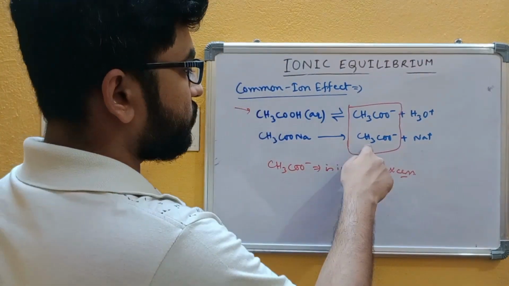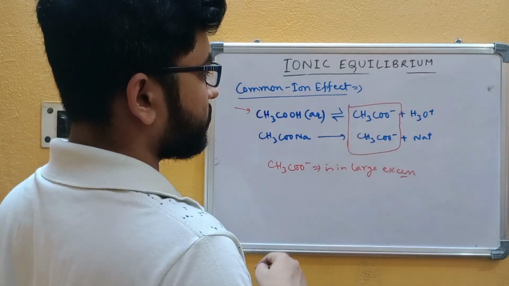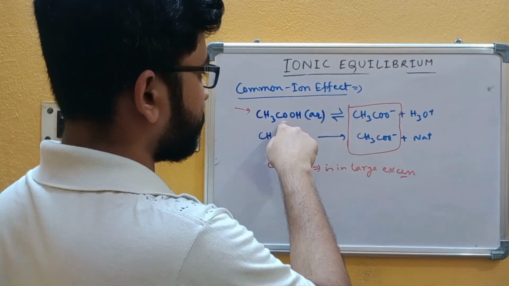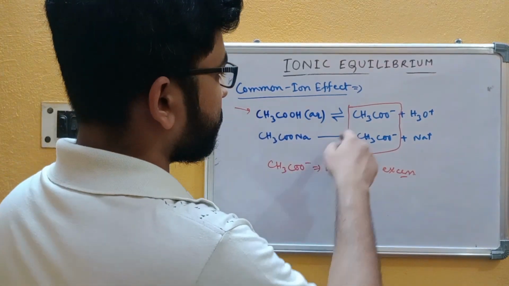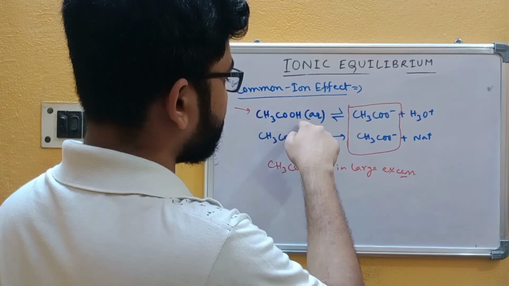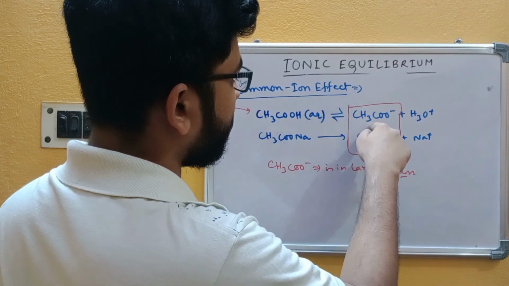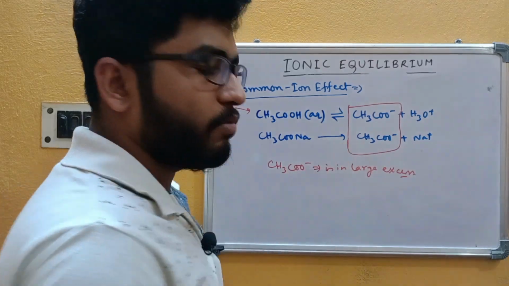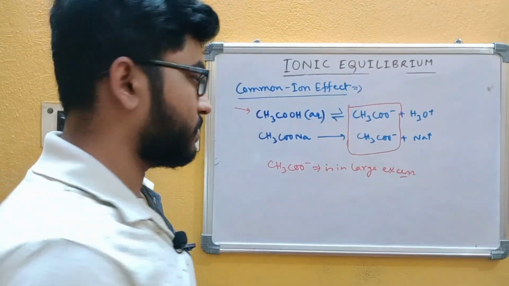So as CH3COO- is in large excess, this equilibrium shifts towards the left side, because now if this equilibrium shifts to left side, then the dissociation of CH3COOH to CH3COO- and H3O+ will be reduced, then the weak acid will be more weak.